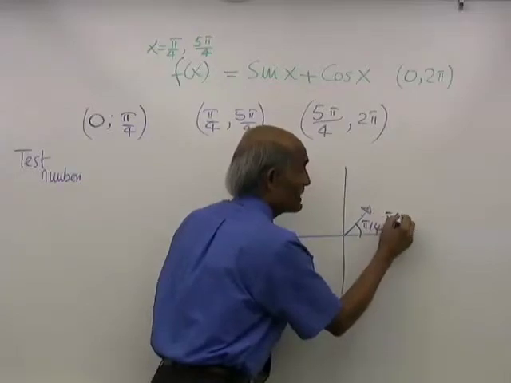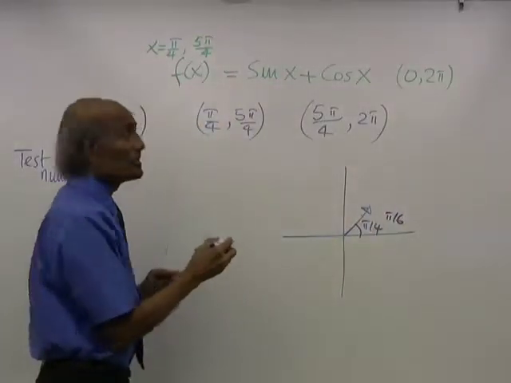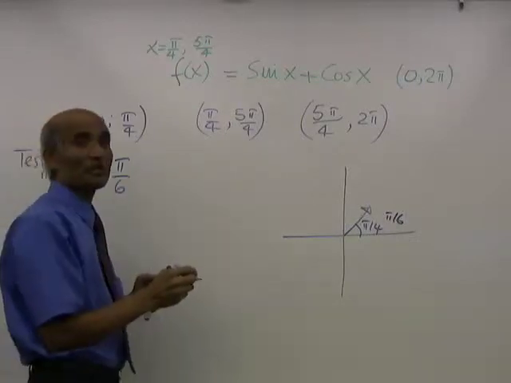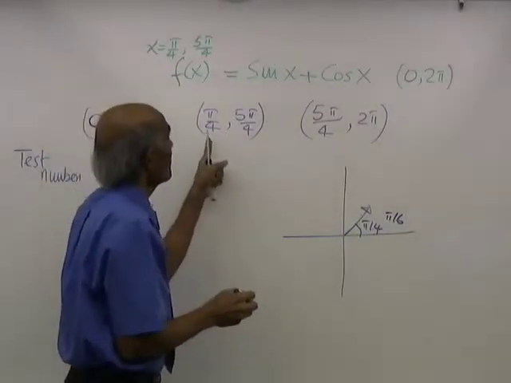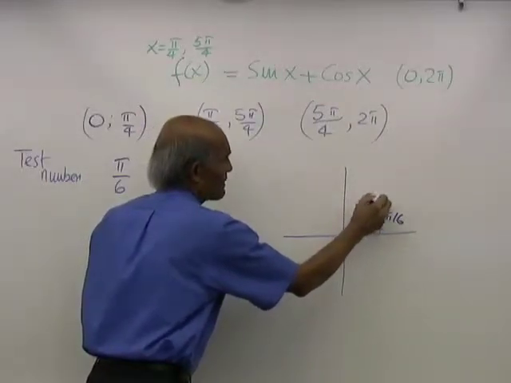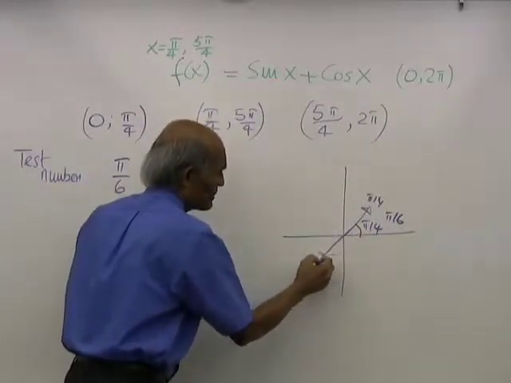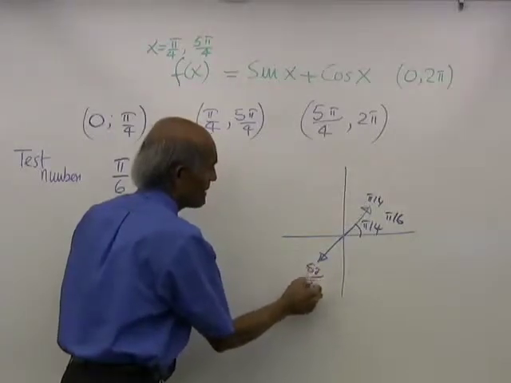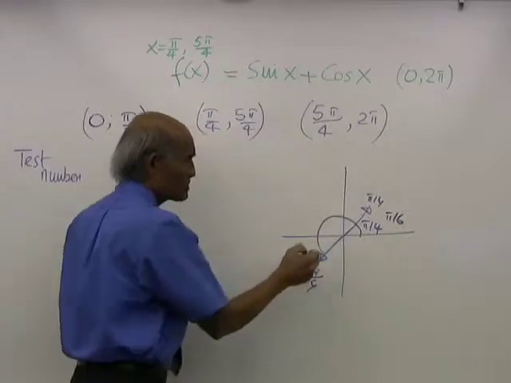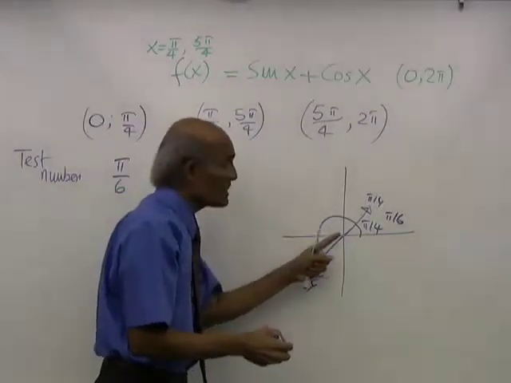Well, pi by 6 is a number between 0 and pi by 4. So I'm going to choose pi by 6 as a test number. And the interval from pi by 4 to 5 pi by 4, well, on this interval, give me a test number.